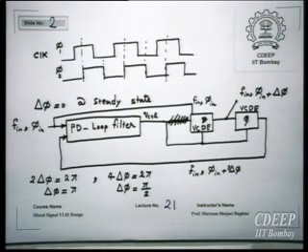No, in type 1 also it can generate zero error in phase, not frequency. Just double check. In type 1, the phase difference is constant. Fine. So this should be at least type 2. Frequency difference is 0. Yeah. So it should be at least type 2.